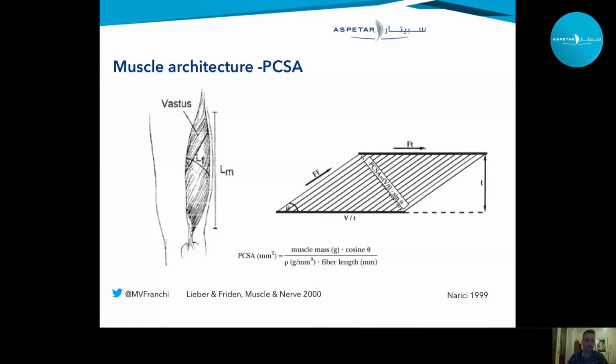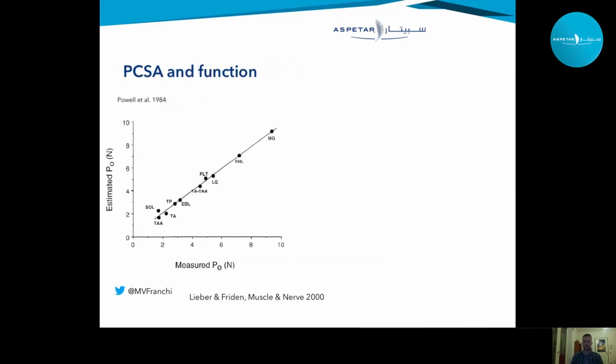We will not go into the trigonometry and the calculation, but you can appreciate that fiber length and pennation angle are involved in the equation. And physiological cross-sectional area is important because it's related to the maximal force production of a muscle.